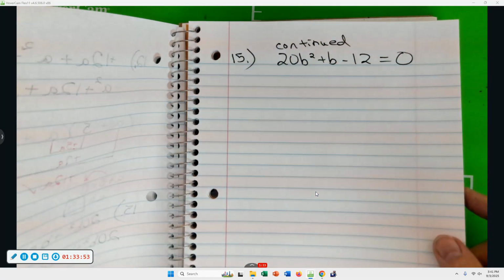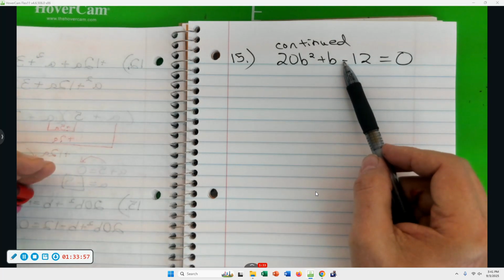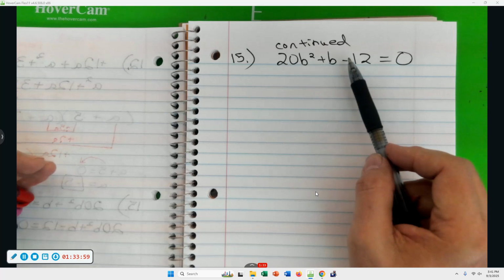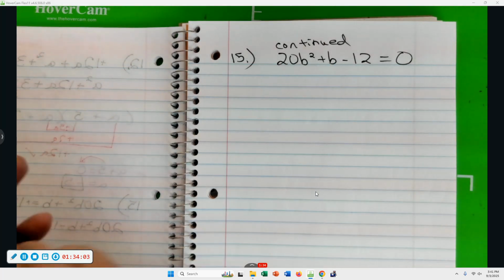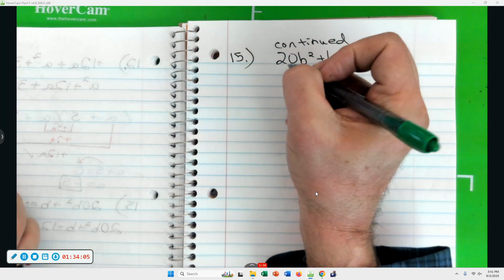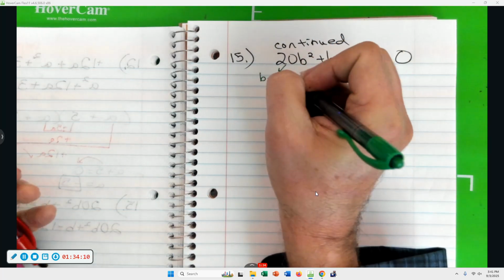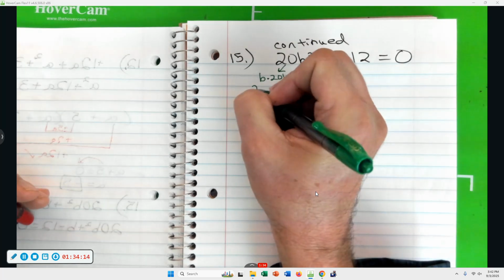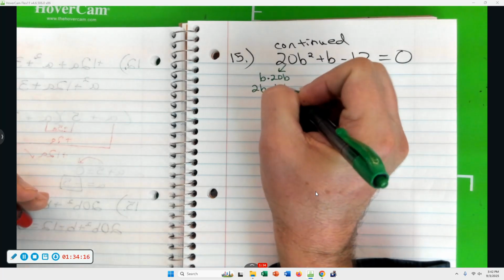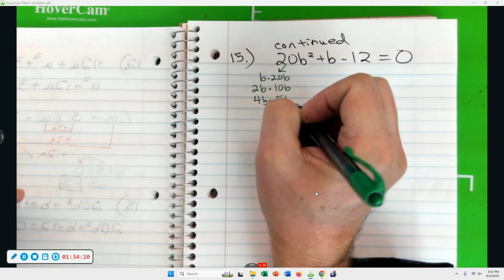Hopefully, you've realized that it's a lot nicer when that last sign's a plus. It's easier to factor when that last sign's a plus. But this is the last problem, so okay. For 20b squared, we could have 1b times 20b, or 2b times 10b, or 4b times 5b.